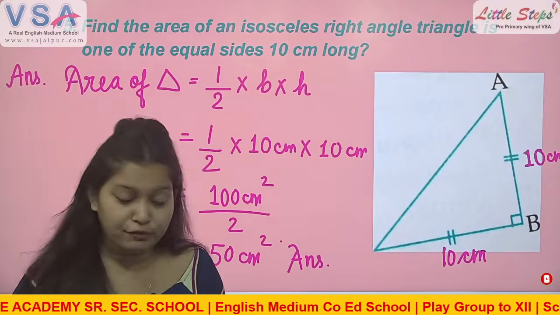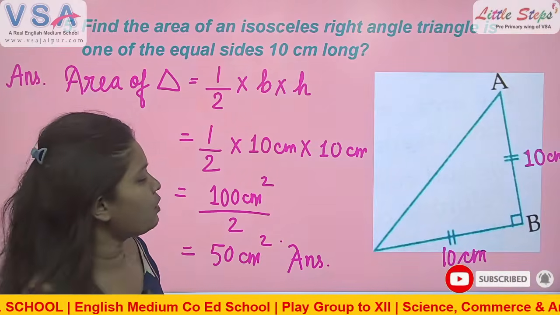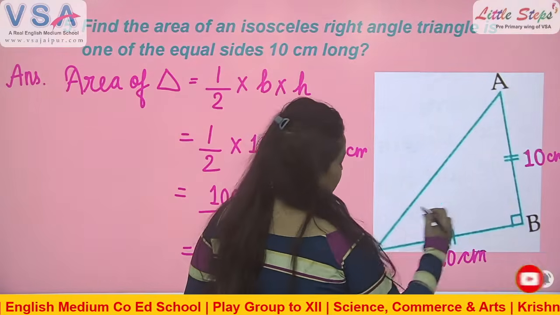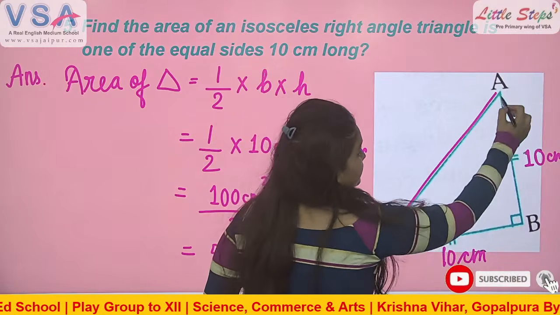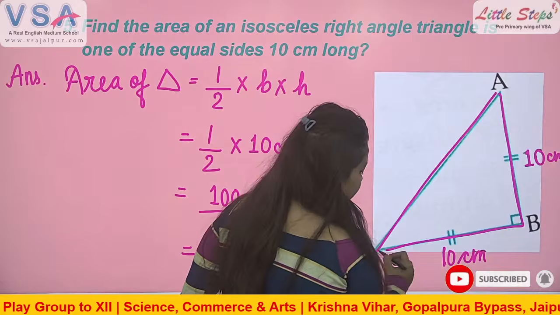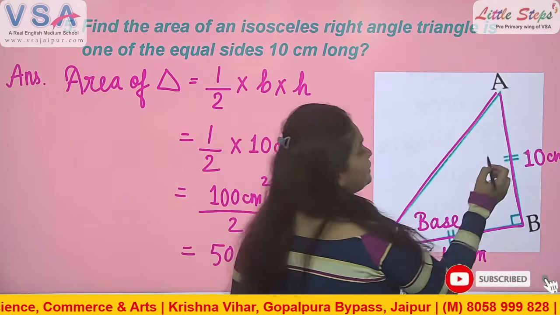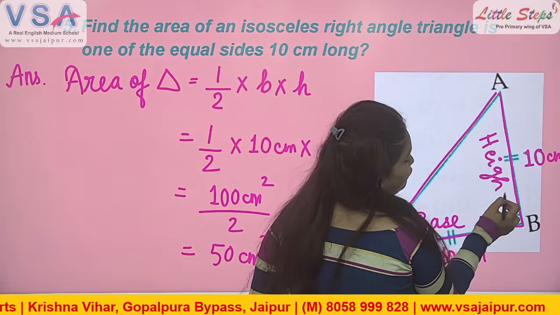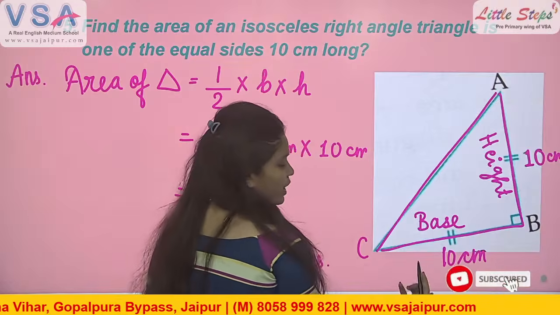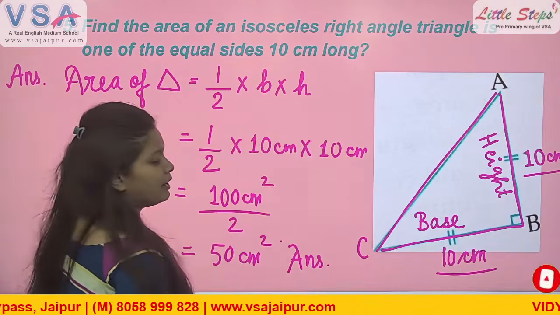You know the formula of area of triangle. What is the formula of area of triangle? Half into base into height. What is it? This is a triangle ABC. Look at this. This is a triangle ABC. In this is what? इसे हम base बोलते हैं. And this is height. So we have to take out the values from the triangle. Base की value कितनी है? 10 and height की value कितनी है? 10.